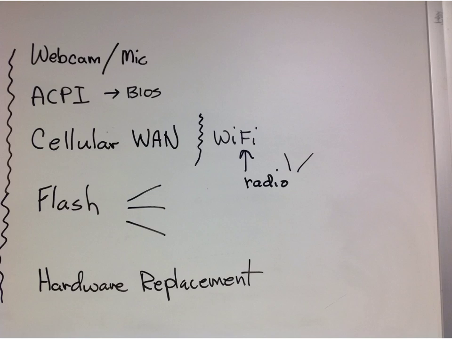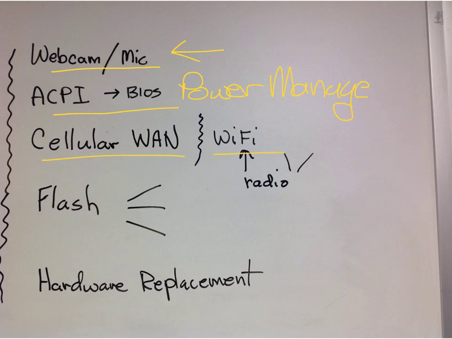Then, things on a laptop: webcam and mics, we should be aware of details there. We should be aware of how we manage power management. Hopefully the group with the batteries covers that. Cellular connections versus Wi-Fi.